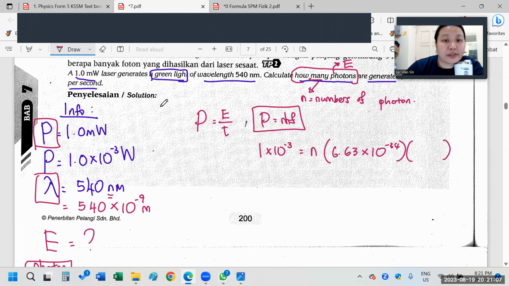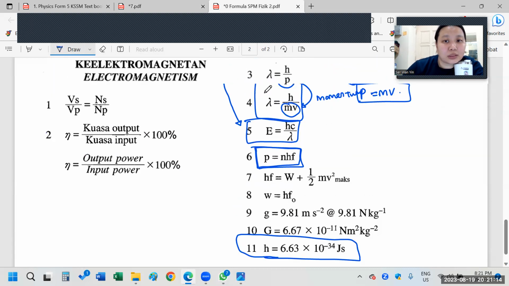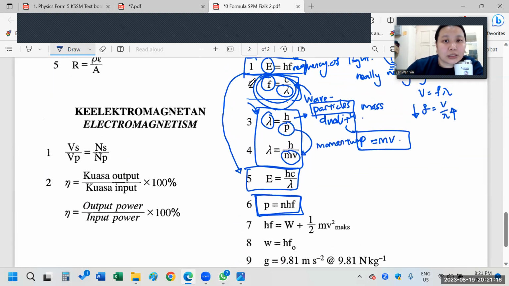It's okay. We can find the frequency ourselves by using this formula. Actually, this formula comes from chapter 5, Form 4, which is v equals to f lambda for a wave.